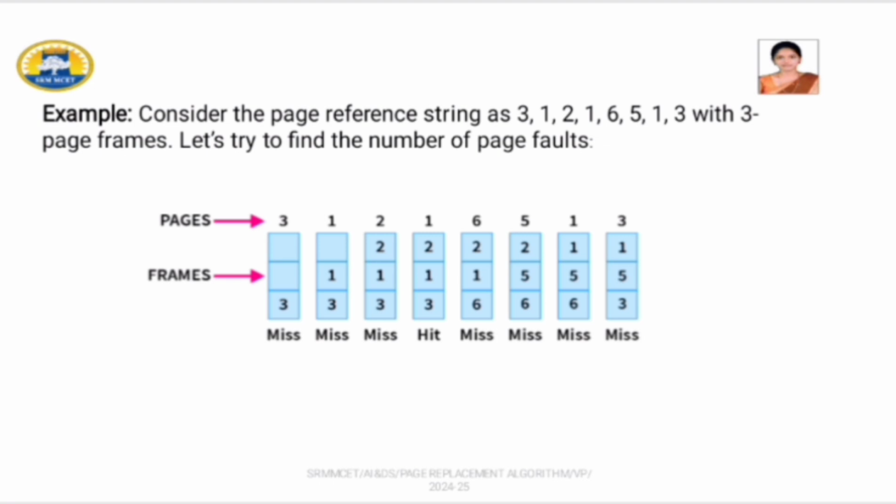It is not in the main memory, so it is fetched from the secondary memory. The oldest one now is 1, so 1 is replaced by 5. Then the reference string is 1. Here 2 is the oldest, so it is replaced by 1. Then the reference string is 3. 3 is not in main memory, so it is fetched from the secondary memory and 6 is replaced by 3.